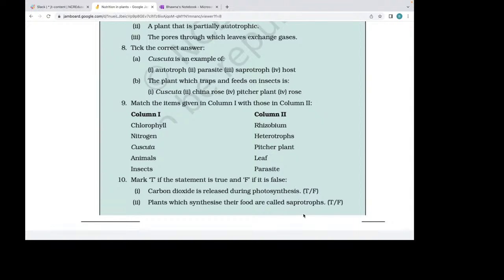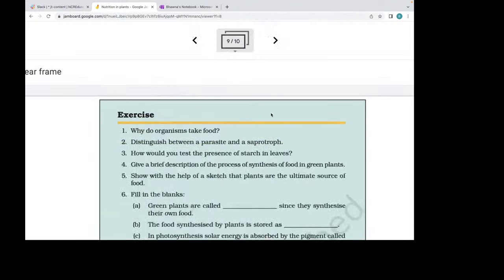The plants which synthesize their food are called autotrophs, not saprotrophs. Okay, so saprotrophs cannot synthesize their own food. Autotrophs can. So this statement is false.